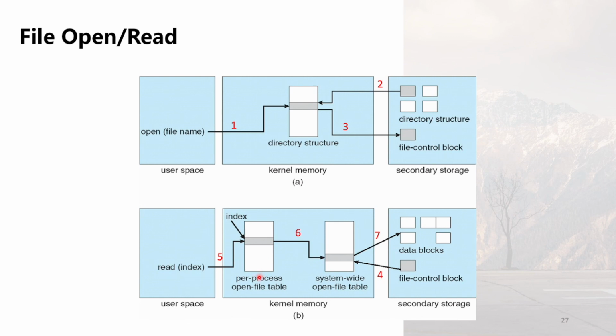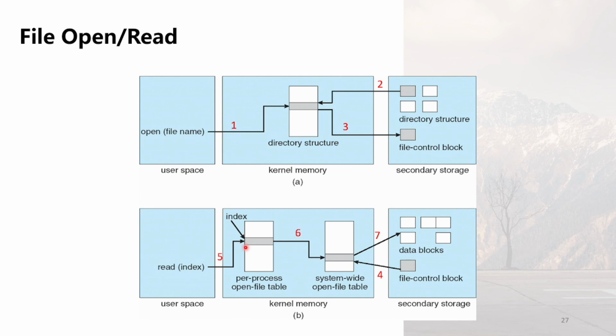Through the per-process open file table, we will know which files this process has opened. Assuming the process has opened 4 files, this table will have 4 entries to record the relevant information.